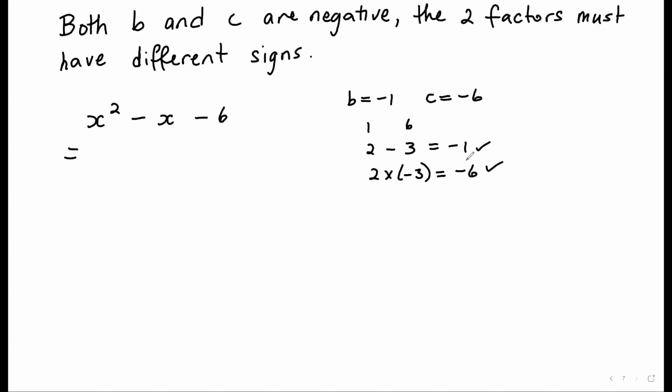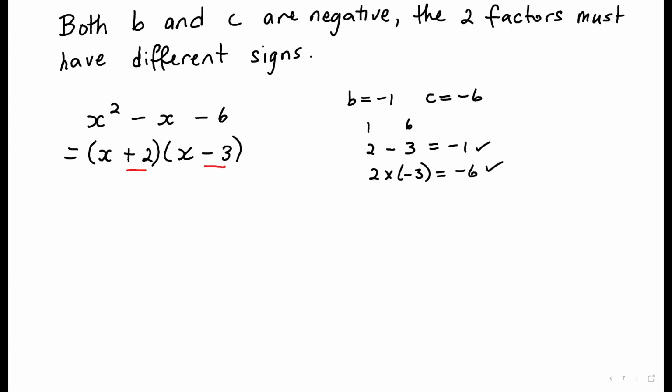So it satisfies the two conditions: they multiply to give back C, and at the same time add or subtract to give B. So it would be positive 2 and negative 3. The factorization will be x plus 2 by x minus 3, because 2 take away 3 is negative 1, and 2 times negative 3 is negative 6. So it works out.